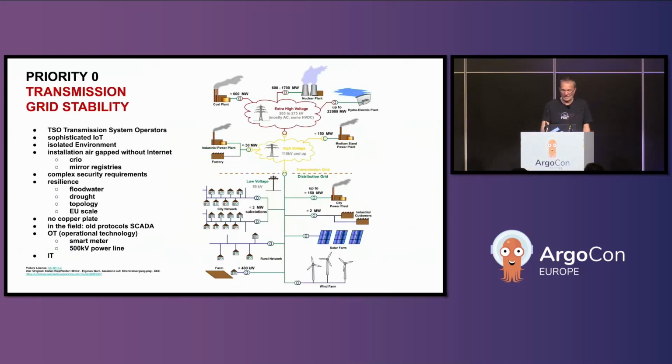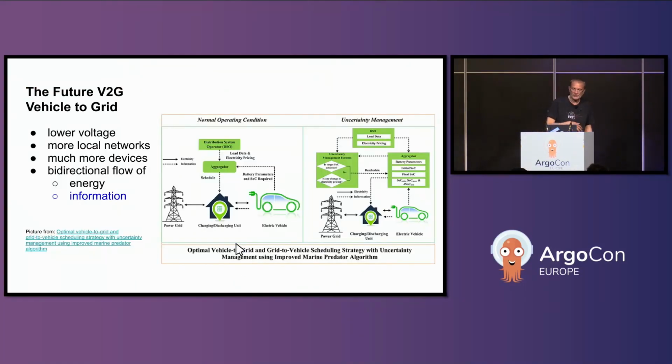So if you have some devices here, and then you switch to that level, and in the future to something called vehicle to grid. You have lower voltage, but much more local networks, much more devices. The energy flow is bidirectional, so you can load a car and you can use a car as a battery, and you will have a very complex security demand.